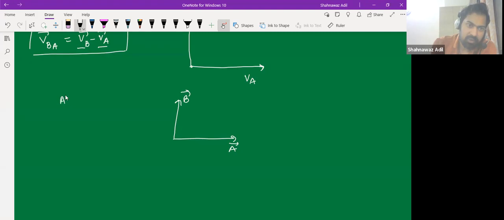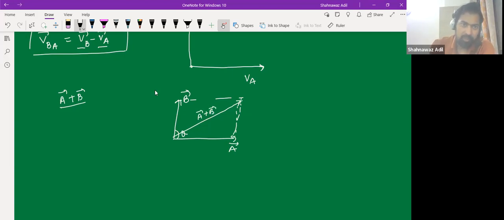If I want to find A plus B, that is the resultant, right? And this resultant I got using the parallelogram law. Let's say this is theta. I draw a line parallel to B on this side, parallel to A on this side, and connect the diagonal. So this was A plus B. But I'm not talking about the resultant.